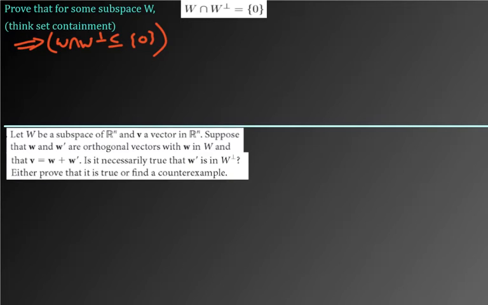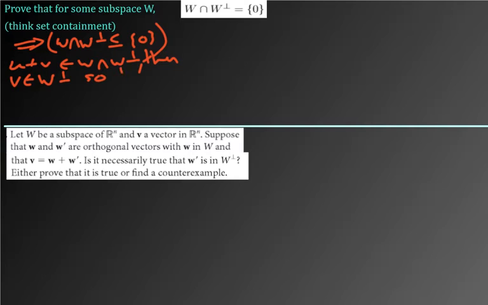All right. So let V be something in W intersect W perp. Then V is in W perp because it's in both W and W perp, right?